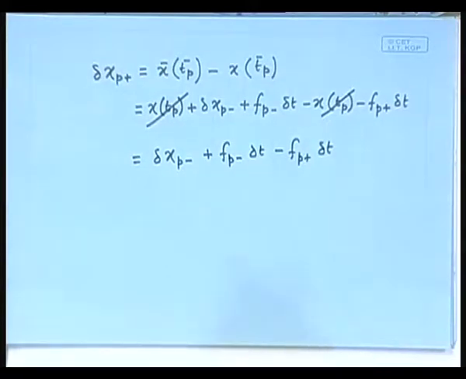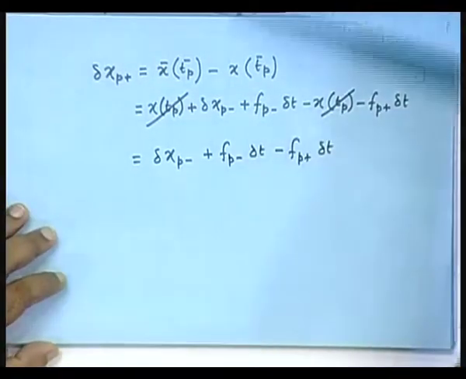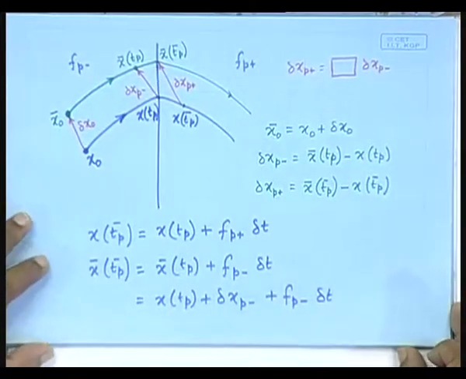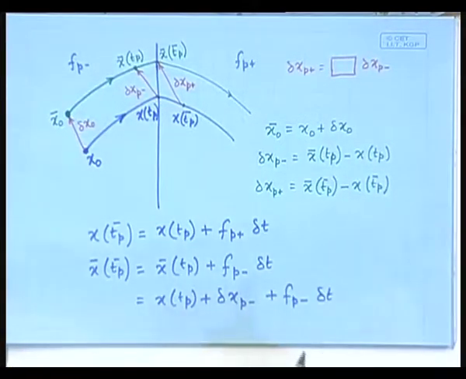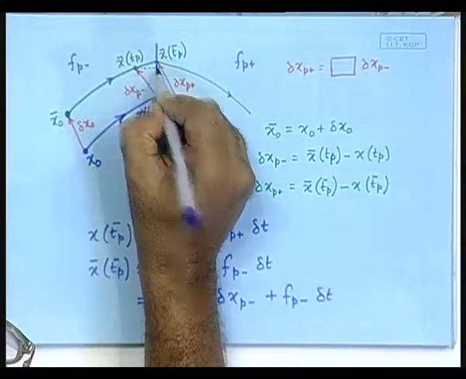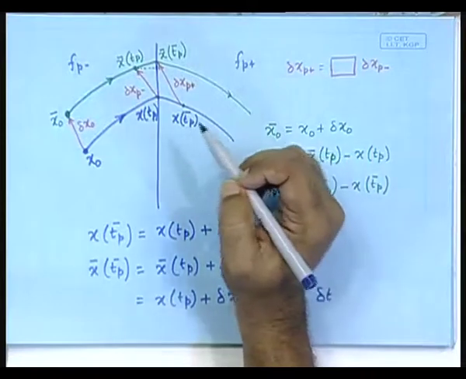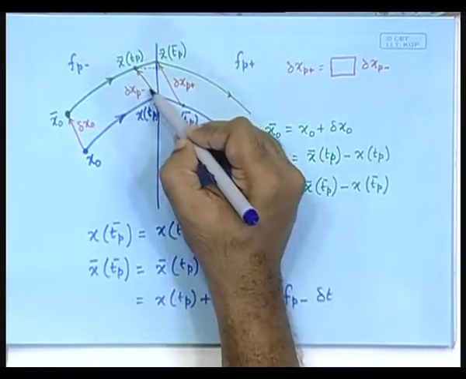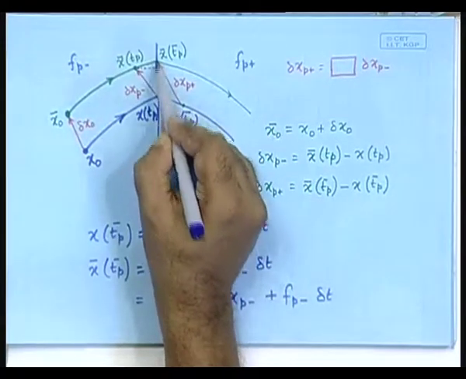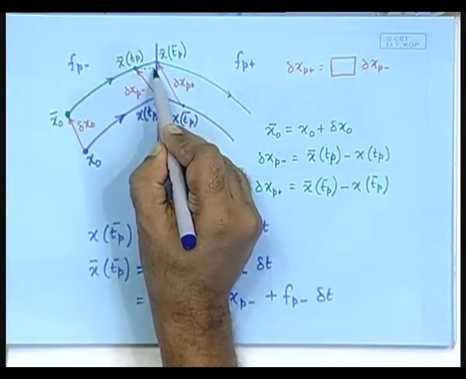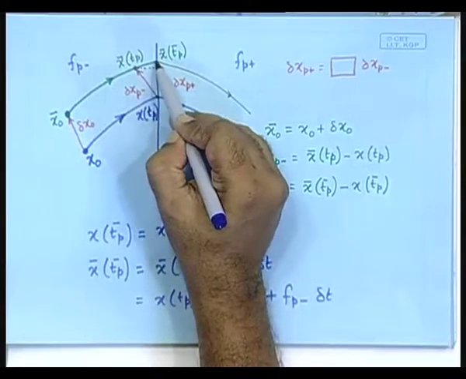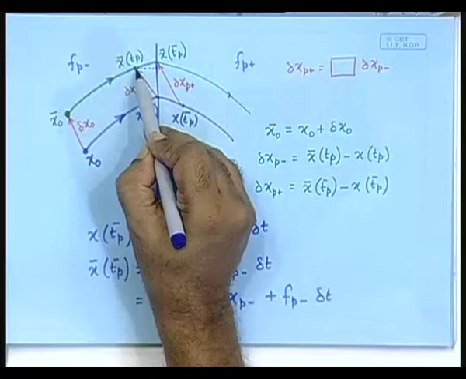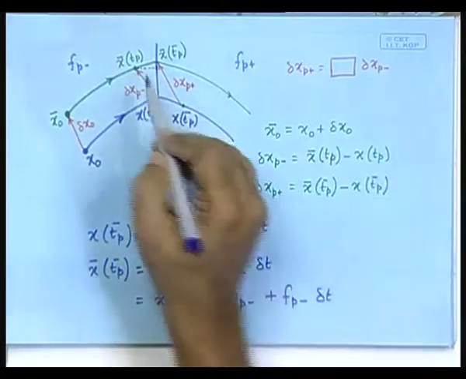Okay. So far, so good. Now, you notice that if we drop an orthogonal here, then delta x p minus times the normal to this switching surface is equal to f p minus delta t, normal times the f p minus delta t.